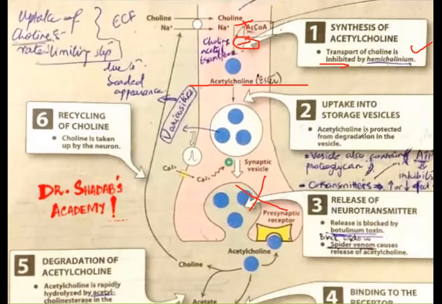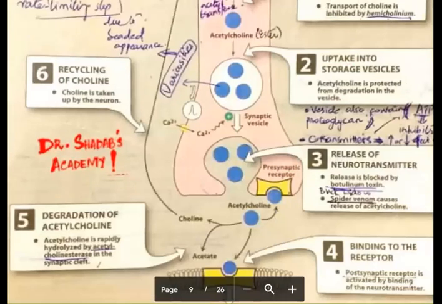Maybe they are not bound up into this vesicle. Maybe there is more degradation of this vesicle. Maybe there is a problem in the uptake, in the synthesis, or in the release. There is another toxin, not a drug, which we call botulinum toxin.